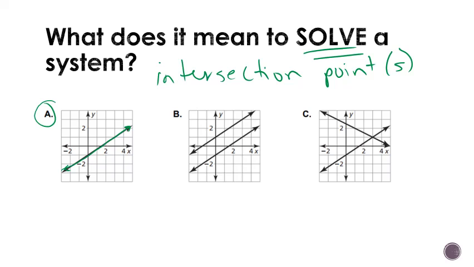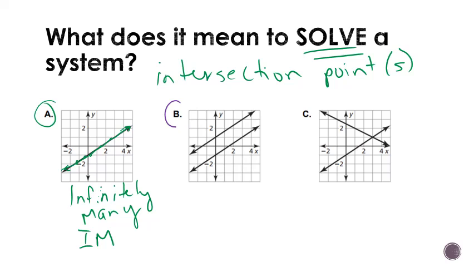Okay, so in A, I have a point here, a point here, a point here, a point here, a point here, a point here. So in that case, that's called infinitely many solutions. And in class, we will write that as IM. Infinitely many solutions. There are infinitely many points on the first line and infinitely many points on the second line, and they are intersecting at infinitely many points.